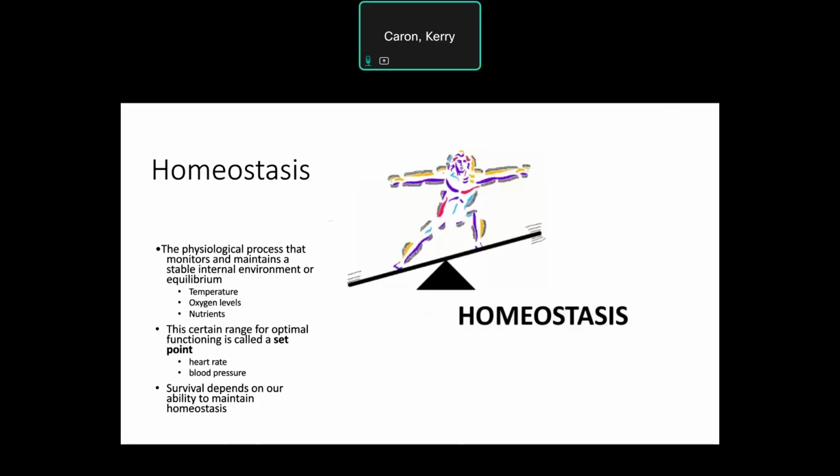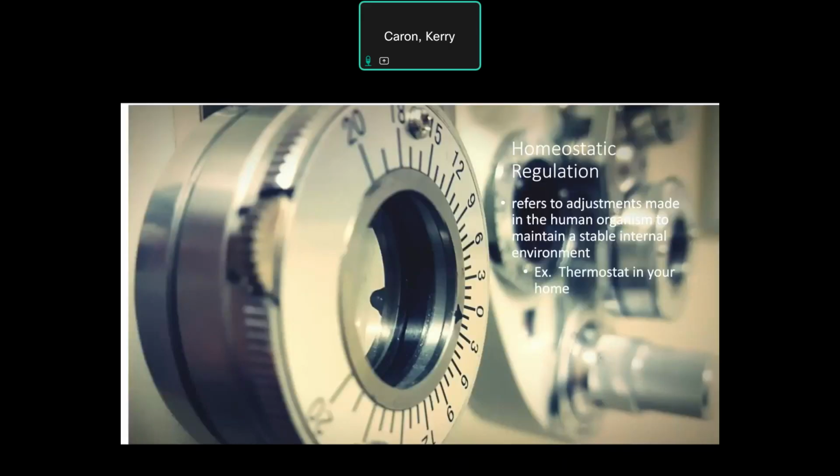Homeostasis is monitoring how your environment is and maintaining stable equilibrium. If homeostasis gets out of whack, that's when disease happens. So we constantly make adjustments in the human body to maintain that stable environment.